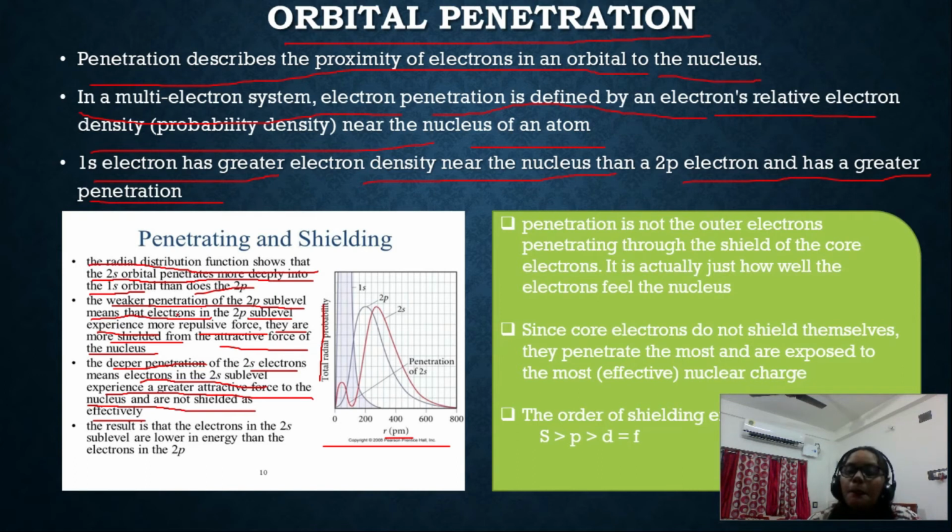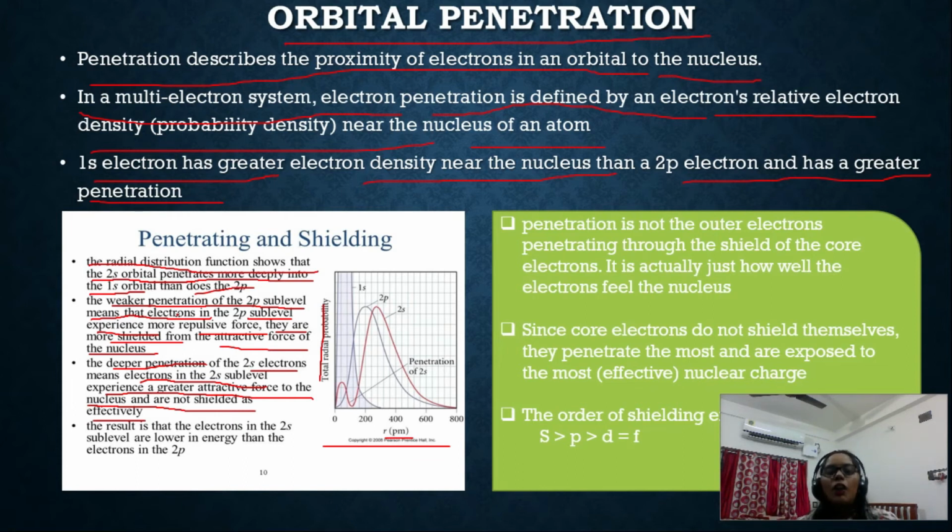So the nucleus is not holding the electrons in that orbital that strongly, which means the shielding effect is high in that case.